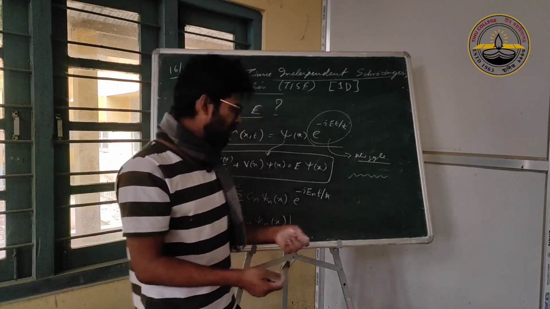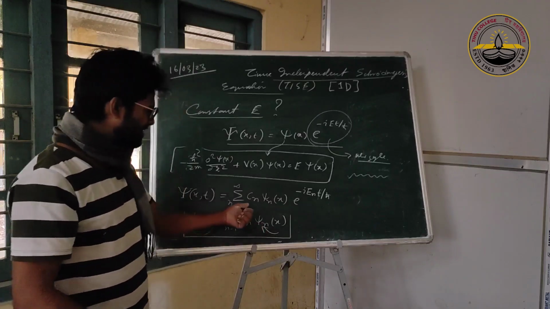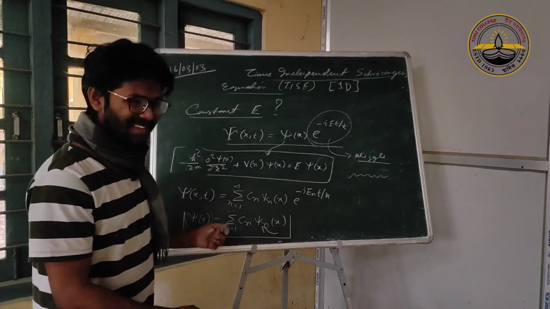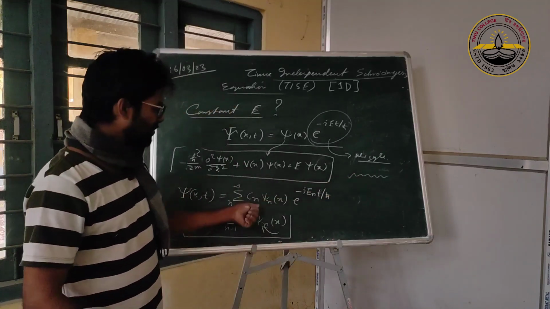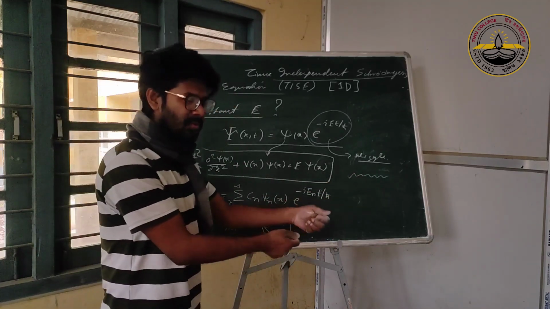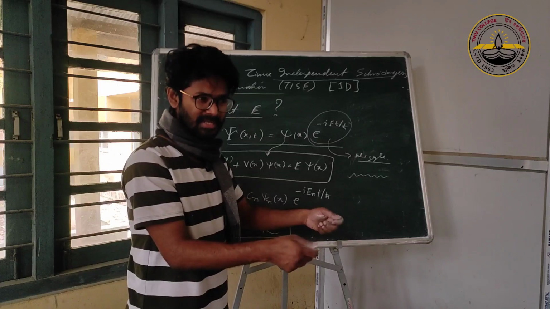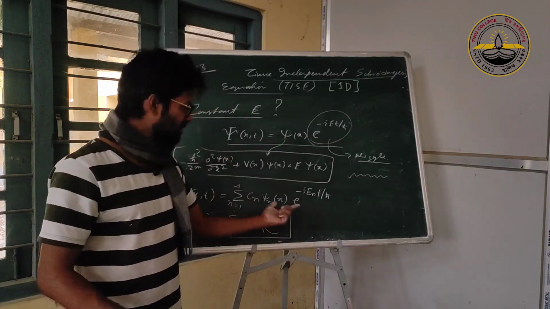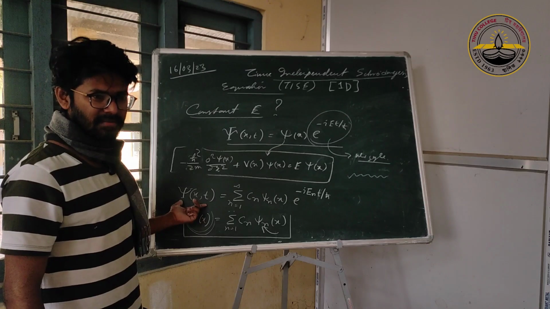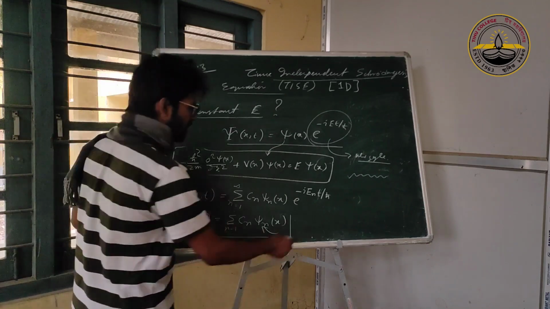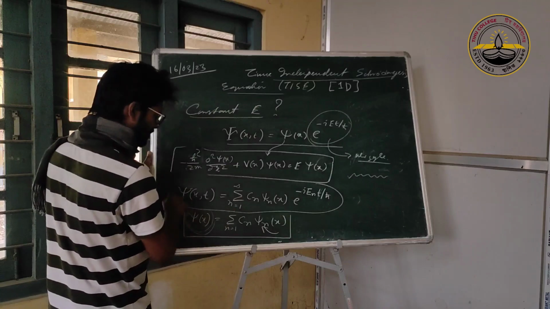And it's like music. Basically these psi n's are like your sargams, saregama. You can produce any music you want by adjusting which one should go up and which one less. So in general, that's your complete solution.